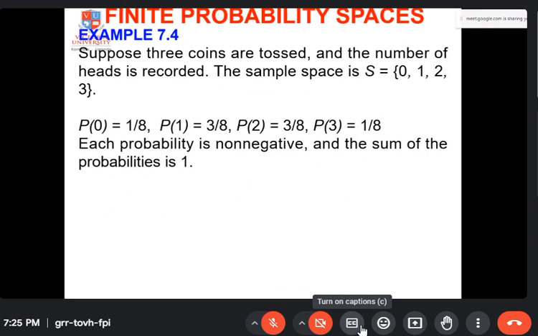Now, the probability of getting 0 heads is 1/8.